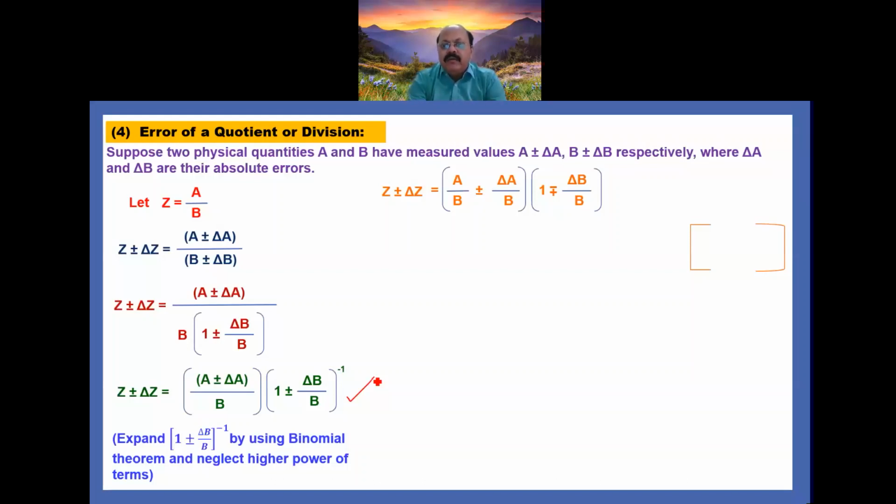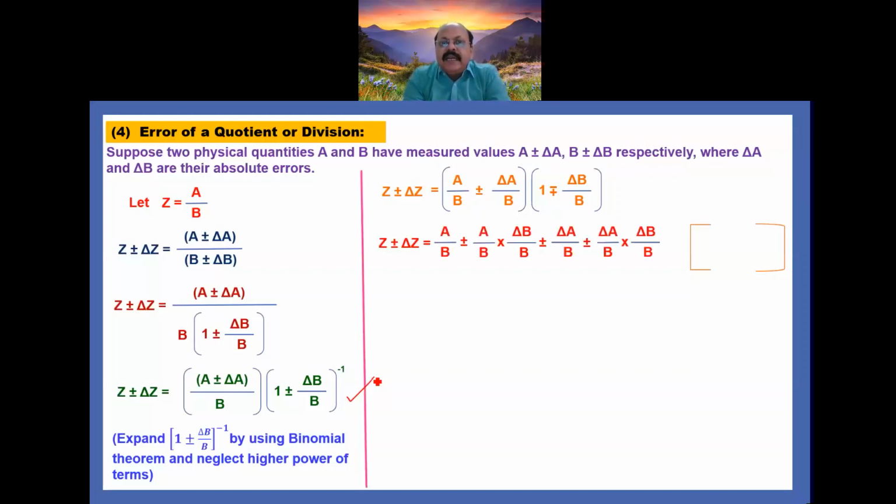So now we open the right hand side and simplify it. What we will get? z plus minus delta z equals a upon b. First you multiply this a upon b to 1 minus plus delta b upon b.